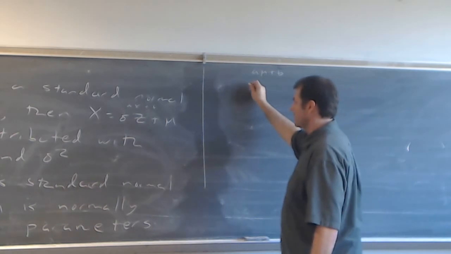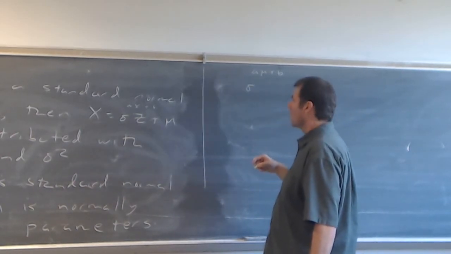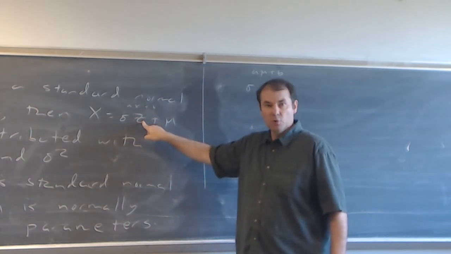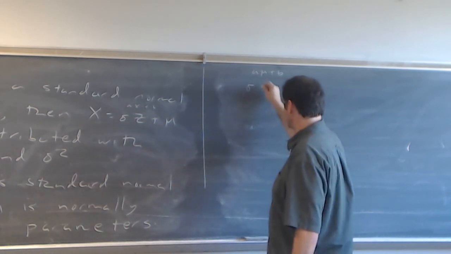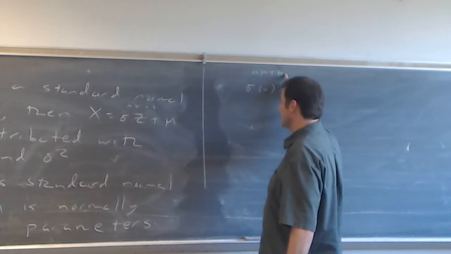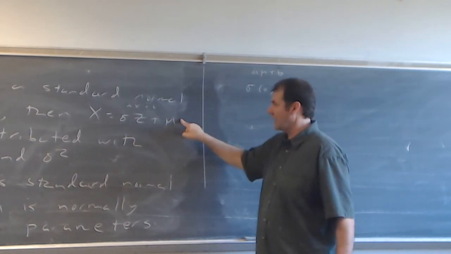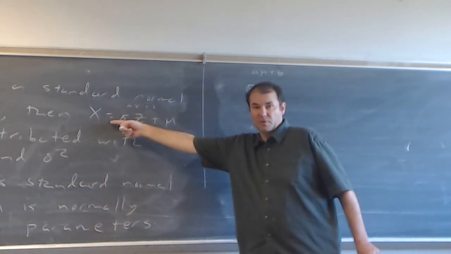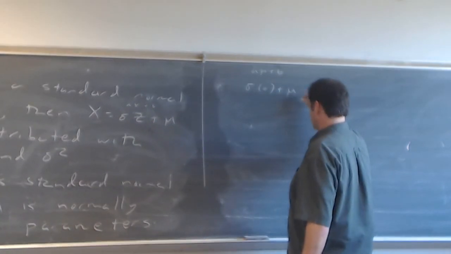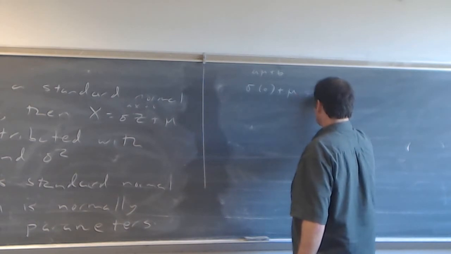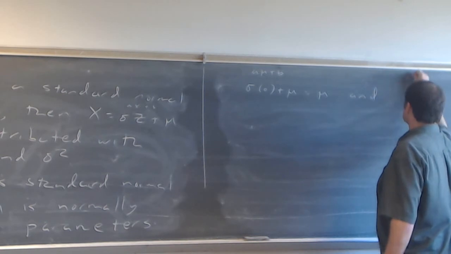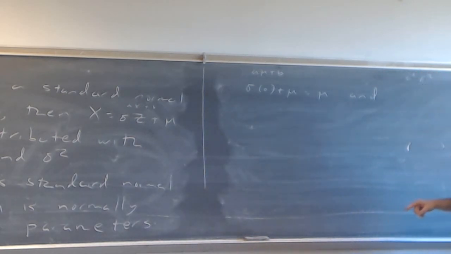So the a, in our case, is sigma. The mu was the parameter of Z, which in this case is 0. Plus b, and b, in our case, is mu. Which equals mu.